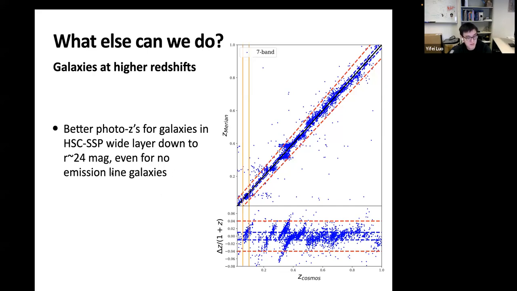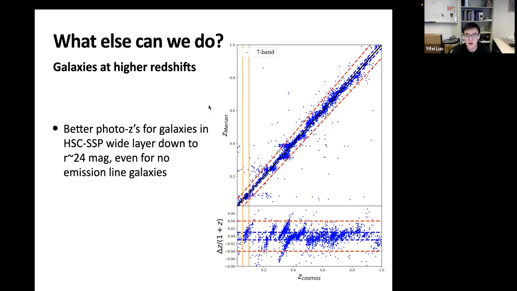Even for non-emission line galaxies, as this plot shows, for galaxies at high redshift, say 0.4, 0.8, even all the way to redshift 1, because the Merian filters are between the g, r, and i broadband filters, they can help get more features for those non-emission line galaxies, say the 4000 angstrom break or O2 emission.